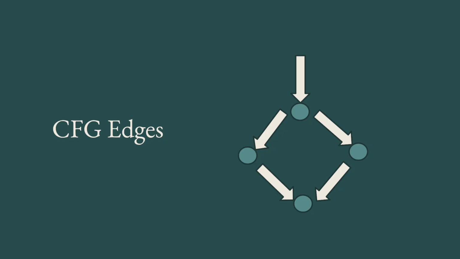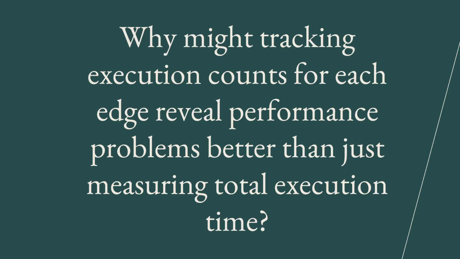PerfFuzz tracks the counts for all these edges simultaneously, and if an input causes one edge to execute more times than any previous input, it is then saved. So why might tracking execution counts for each edge reveal performance problems better than just measuring total execution time?